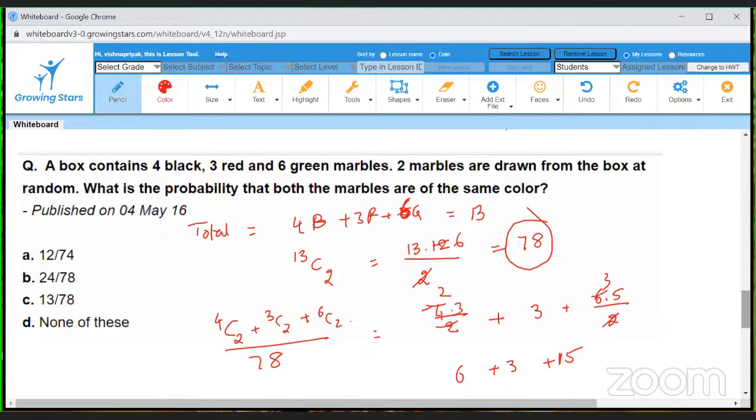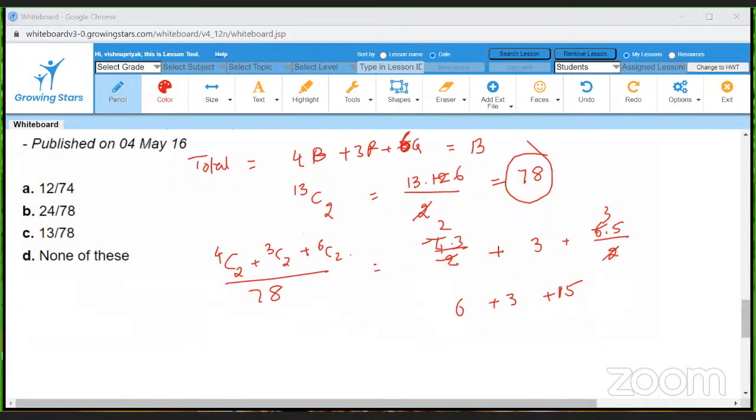So out of 78 ways, how many ways will you get same color marbles? 6 plus 3 plus 15 is 24. 24 out of 78, you don't cancel it. Yes, option B, it is already there. So better not to cancel and keep it like this.